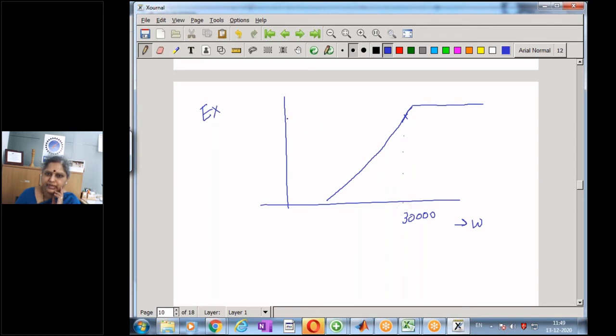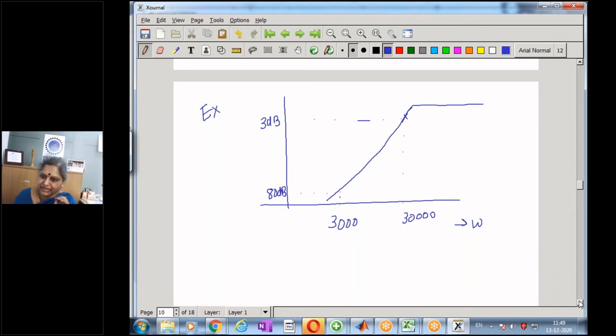And say it's mentioned that at 3,000 we want the attenuation to be around 80 dB. So what we have is we want the 3 dB attenuation at 30,000, and an 80 dB attenuation at 3000.